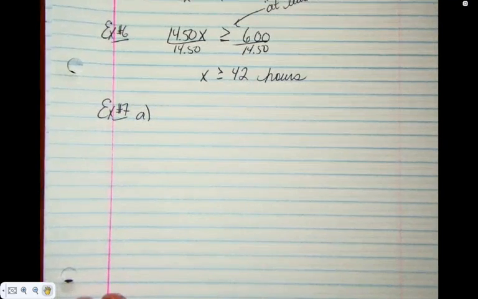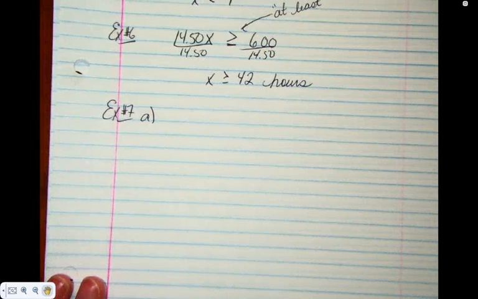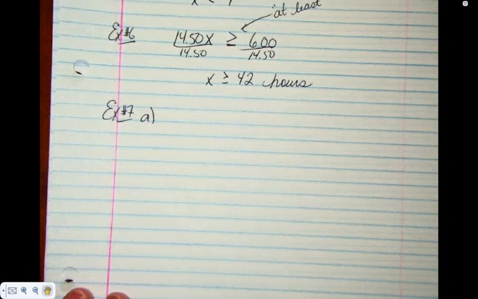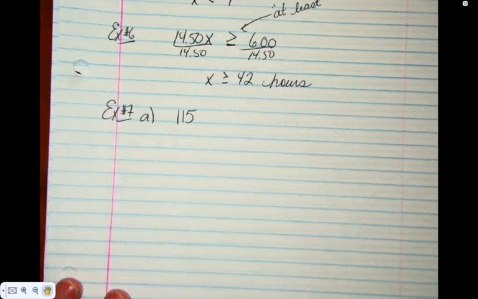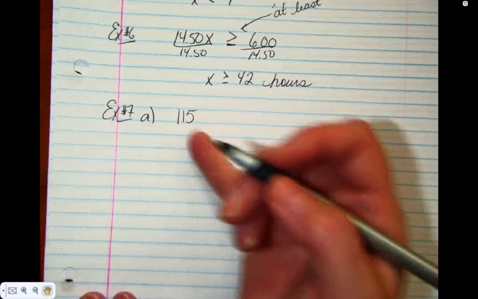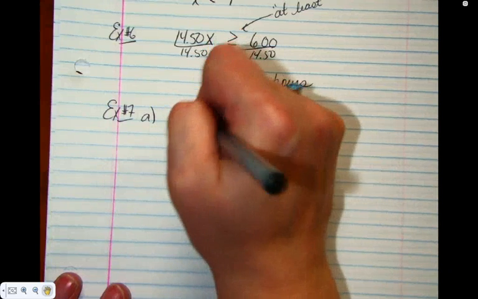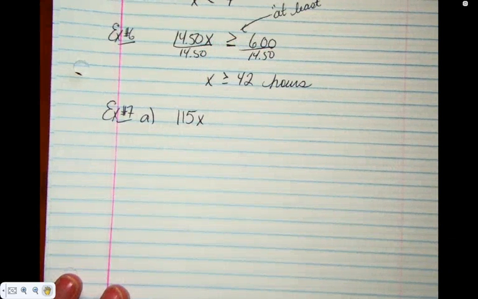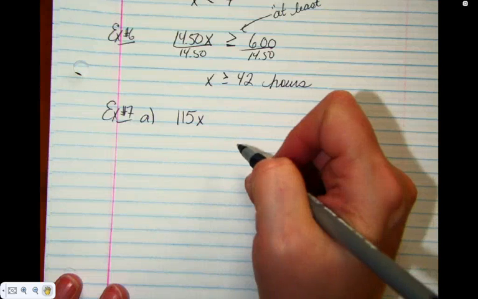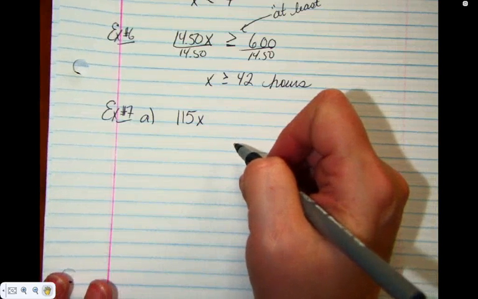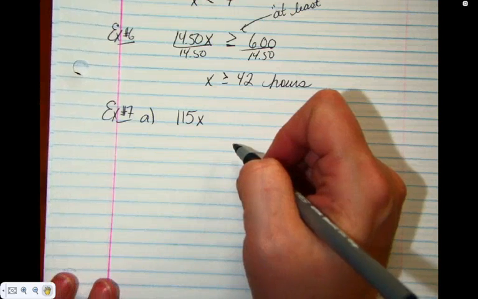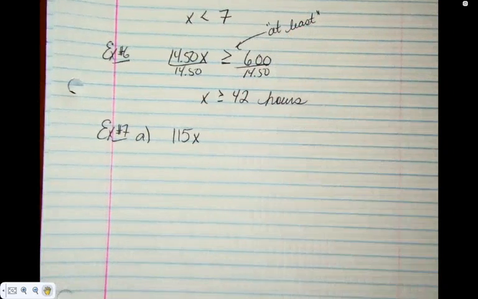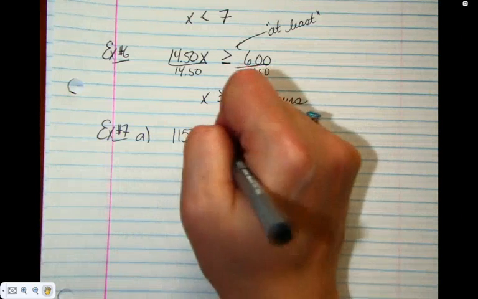Okay. What do you want to do? You want to go? Math. Yes. 115 times 4. We don't know how many houses he's going to make. 115x is greater than or equal to 1,000. So what did we just talk about above with at least? Greater than or equal to.